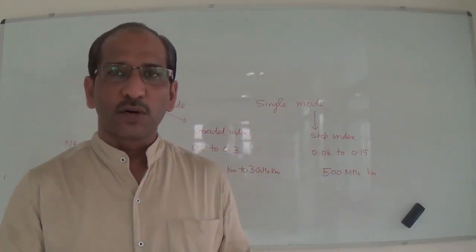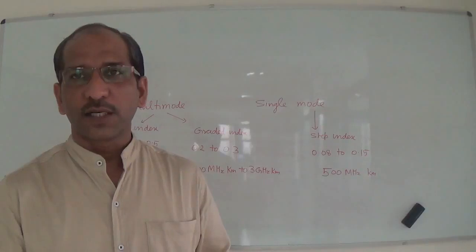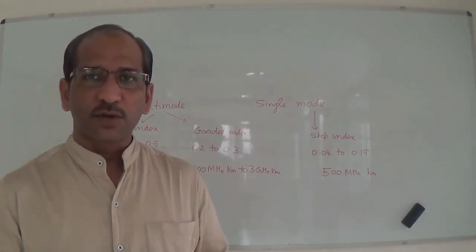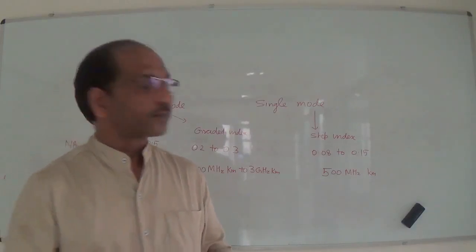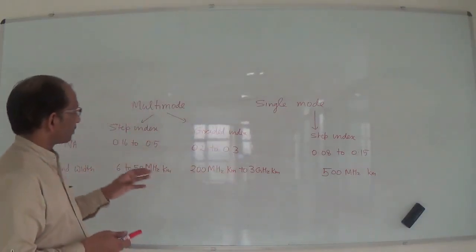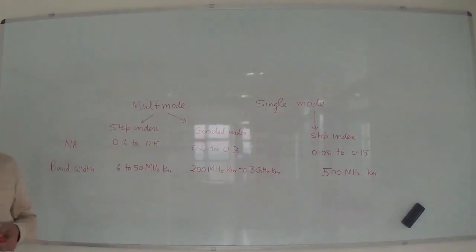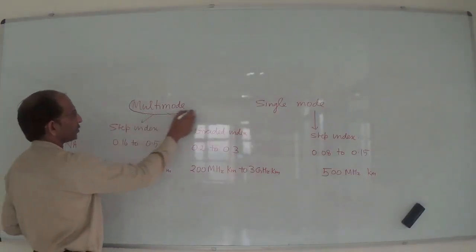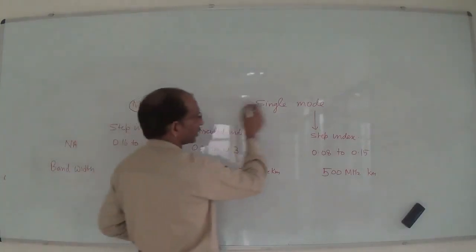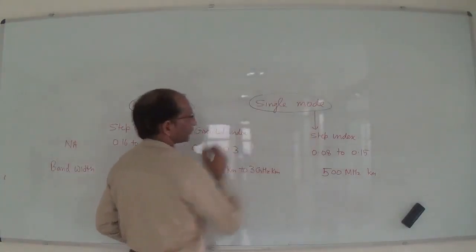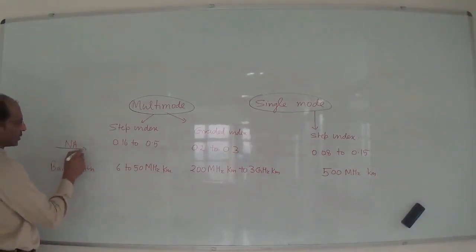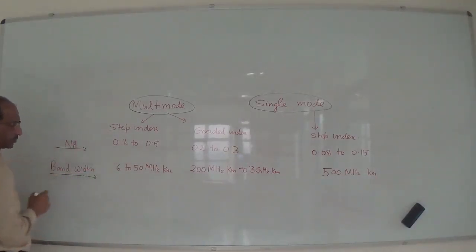So multi-mode graded index optical fiber, multi-mode step index optical fiber, and single mode step index optical fiber. This is the comparison of these optical fibers on the basis of their modes. This is multi-mode, single mode. This is the numerical aperture and the bandwidth only.